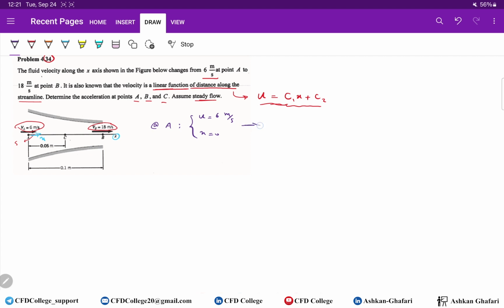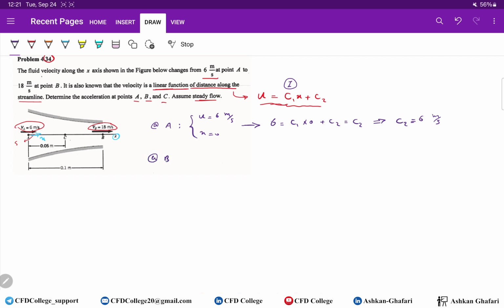If you put these values into this equation, u, which is 6, equals c1 times 0 plus c2, equals c2. So c2 equals 6 meters per second.